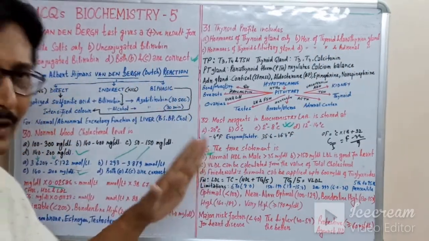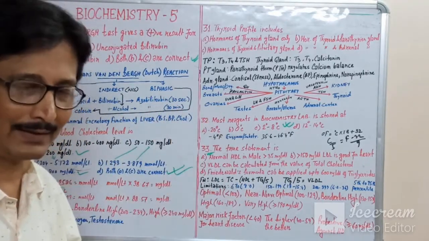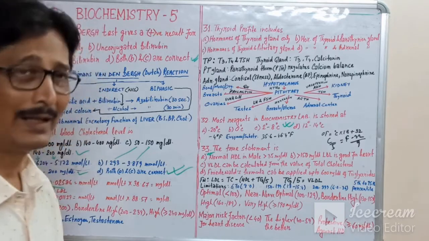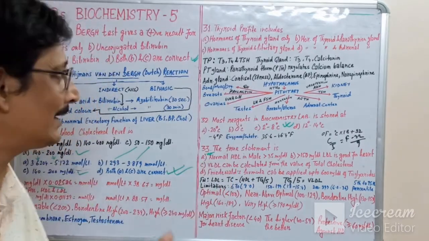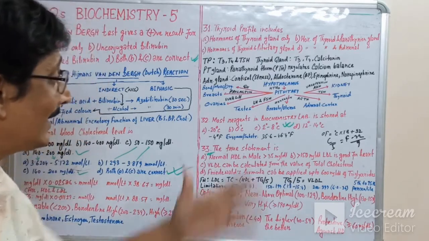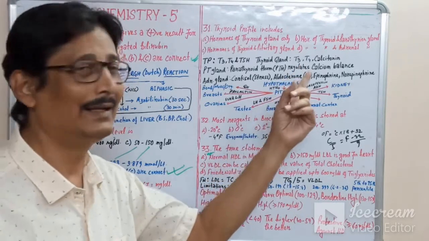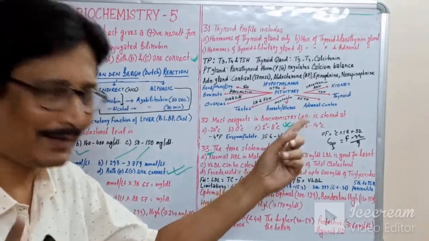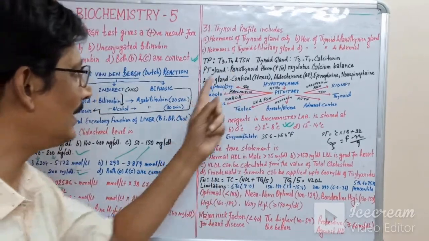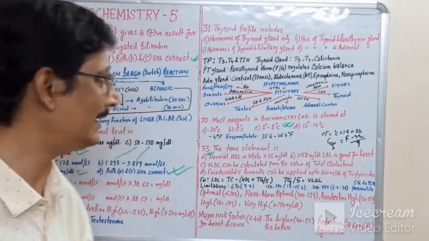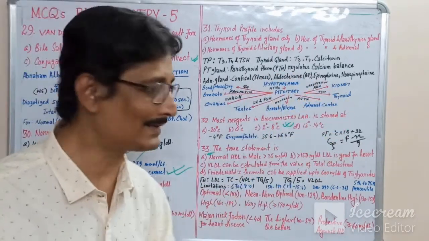Now the thyroid profile test includes triiodothyronine, that is T3, thyroxine, that is T4, and thyroid stimulating hormone, that is TSH. The thyroid gland secretes hormones like T3, T4 and calcitonin, whereas the parathyroid gland secretes only parathyroid hormone, that is PTH, the most prevalent hormone, which regulates the calcium balance.